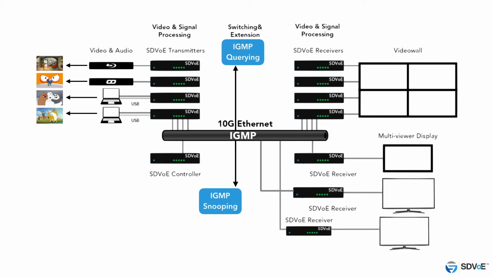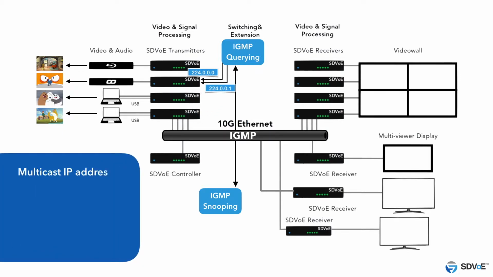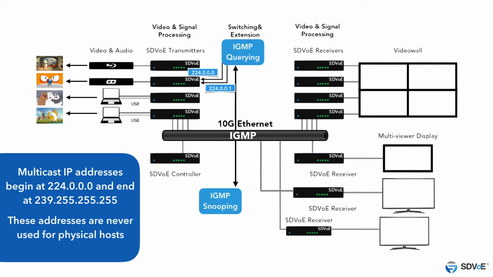The querier will then assign individual data streams for each one, and the SDVoE controller will give each stream a unique multicast IP address. These IP addresses begin at 224.0.0.0 and end at 239.255.255.255, and you'll never see these addresses used for physical hosts, because they are reserved for multicast addressing only.